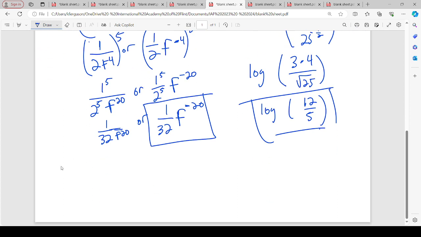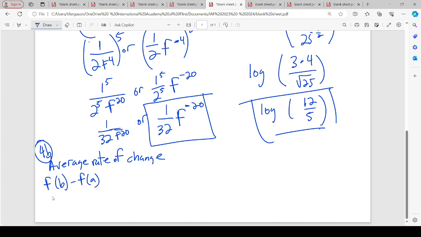All right. So we're talking about the average rate of change. That follows a formula of f of b minus f of a divided by b minus a. And they give us the interval. So let's look at what the problem says.